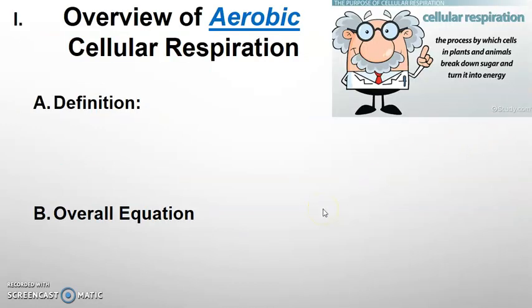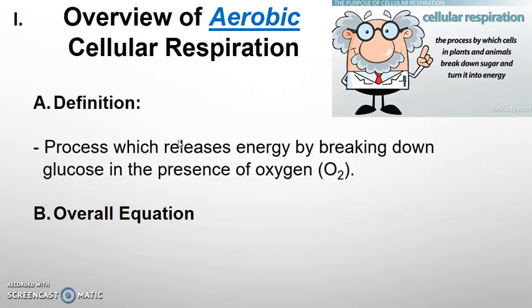All right, so let's begin with some of the basics. So overview of what we call aerobic cellular respiration. Aerobic means the presence of oxygen. And we'll come back to this term in another slide or two. So the definition of aerobic cellular respiration is going to be the breakdown of glucose, or sugar, in the presence of oxygen. Now glucose can still be broken down when there's no oxygen present, and that's actually going to be one of the first types of respiration that we learn about.